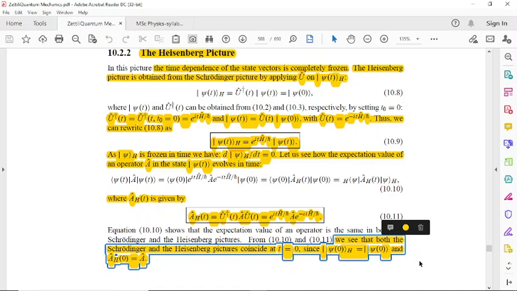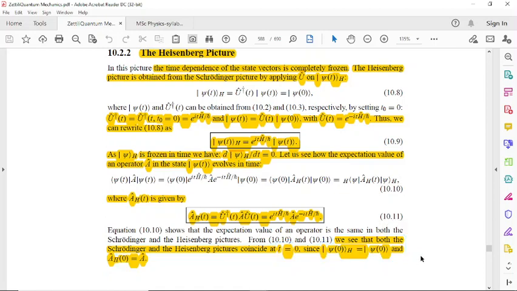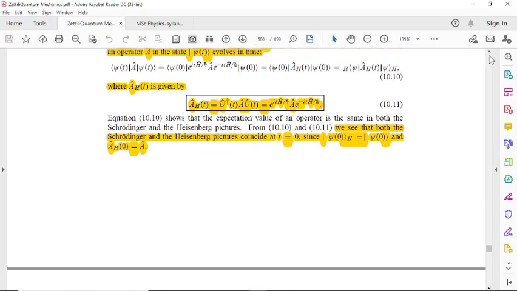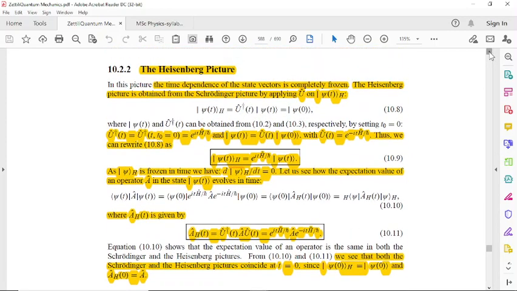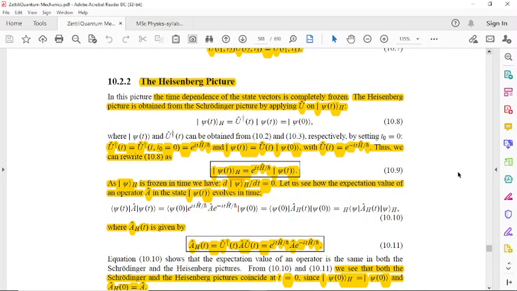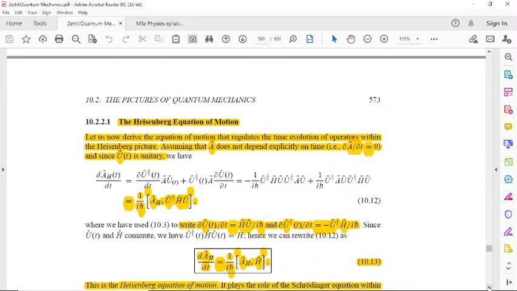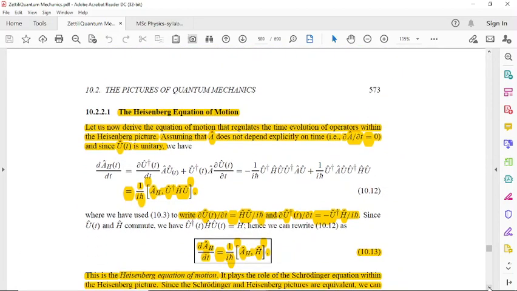So the Schrodinger picture and the Heisenberg picture coincide at t equal to t0. And we have seen that for the operator in the Heisenberg picture, the state vector does not depend on time, but the operator depends on time. So we can write the equation of motion in the Heisenberg picture.